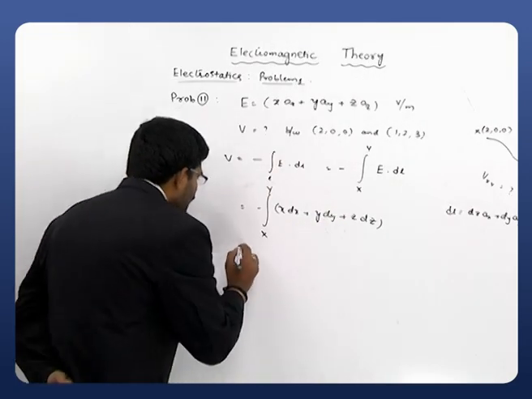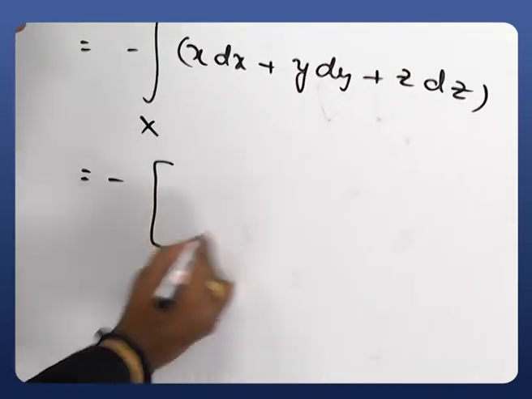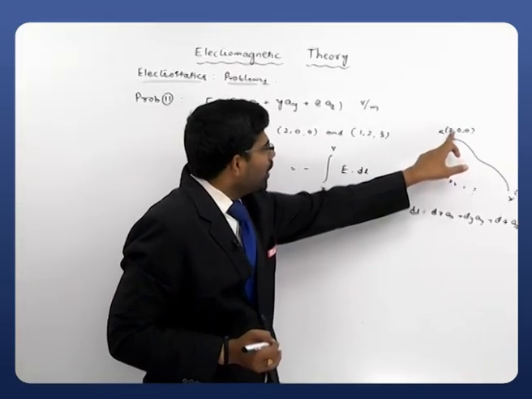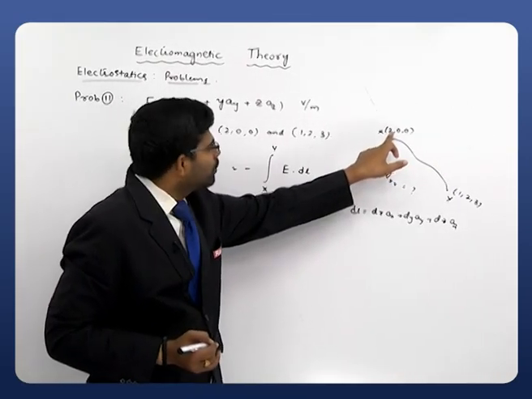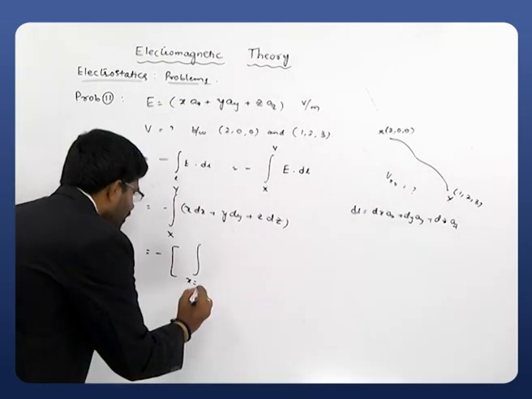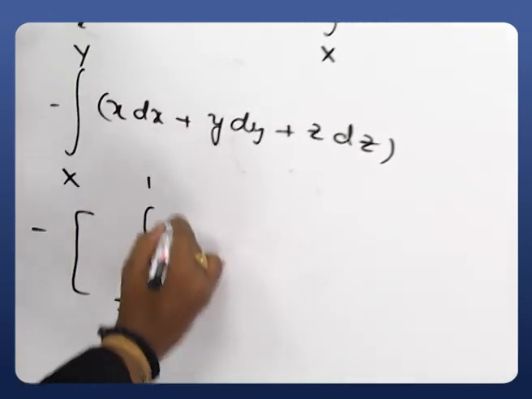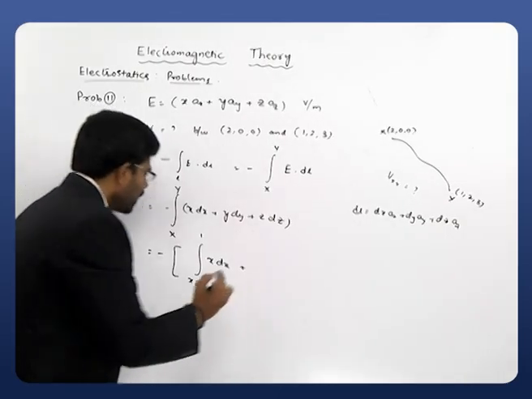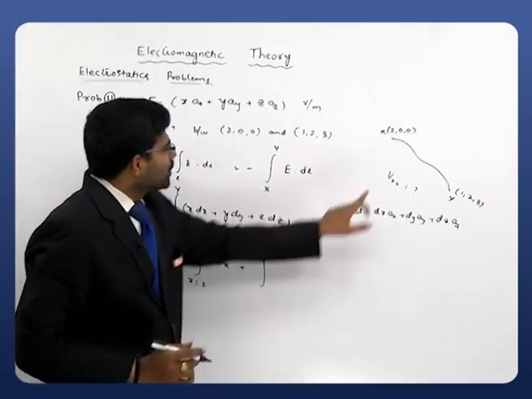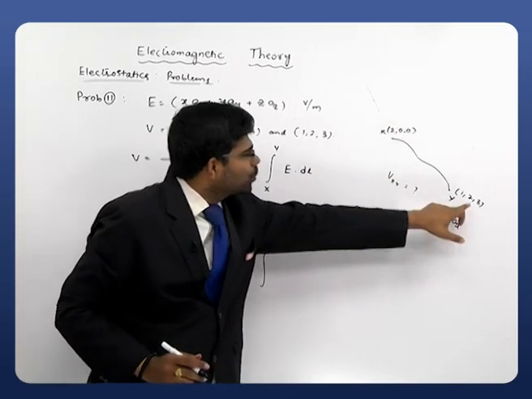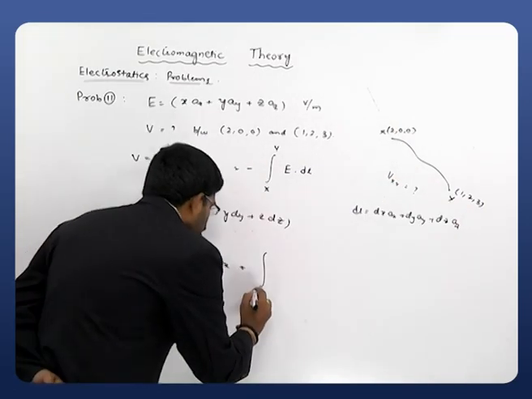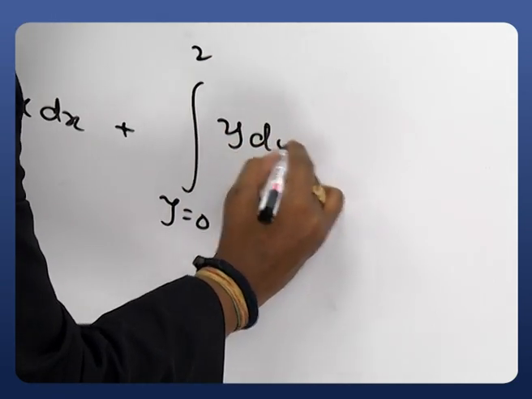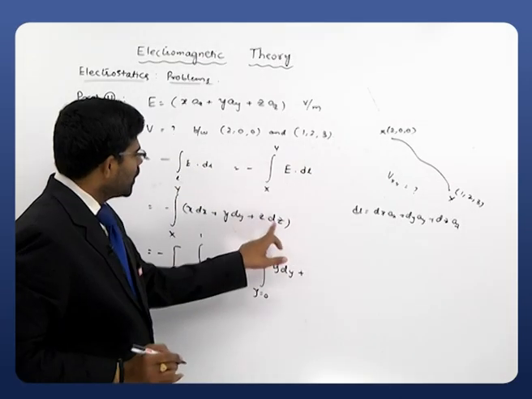So what I do is divide this entire integration. Now the x coordinate is varying from 2 to 1. So x will be taken from 2 to 1, and the integral is x dx, plus the y coordinate will be taken from 0 to 2, so y from 0 to 2 of y dy, plus the third one is for z.